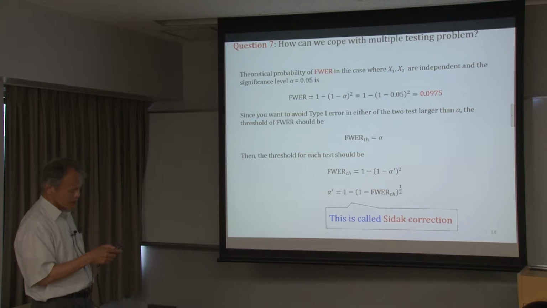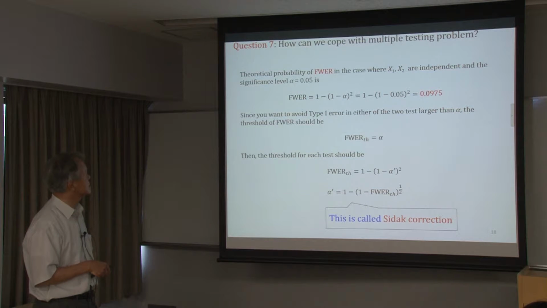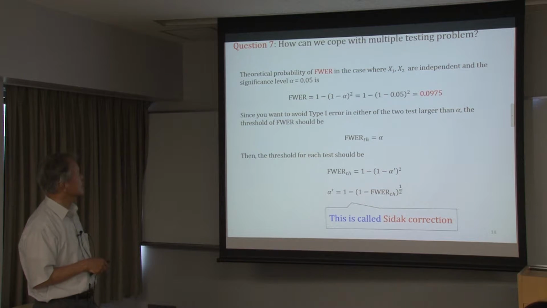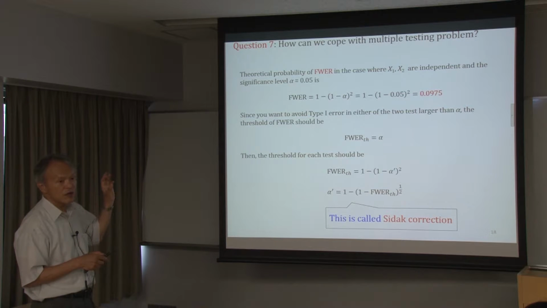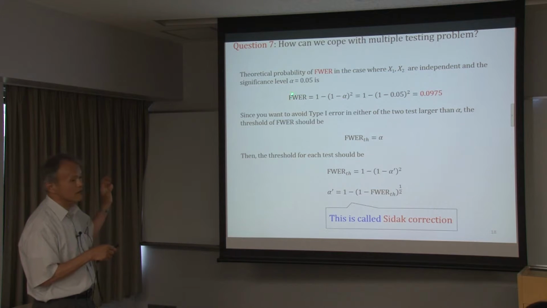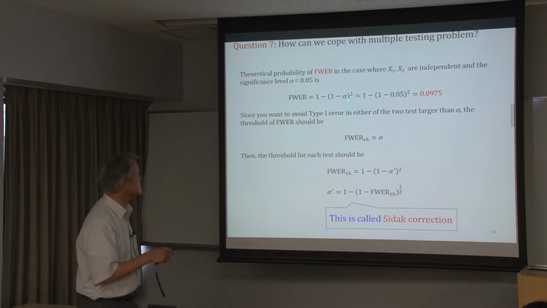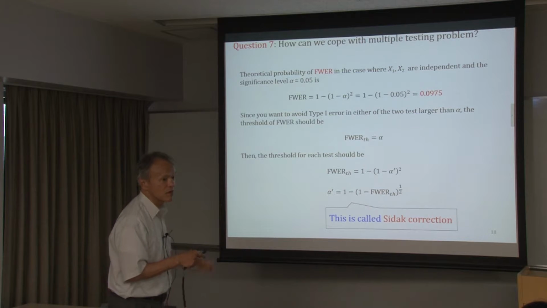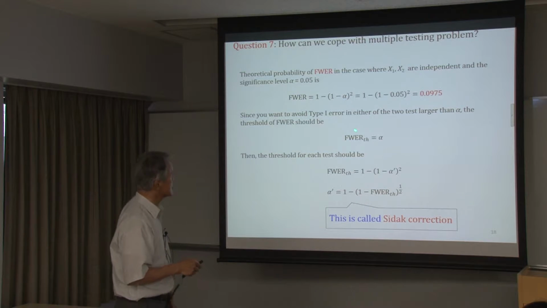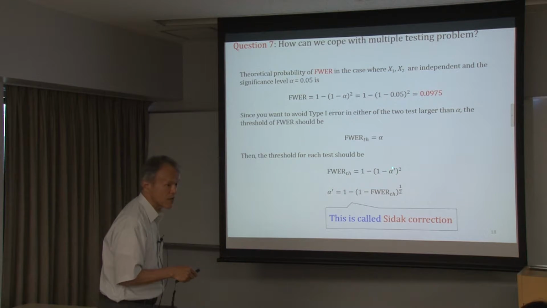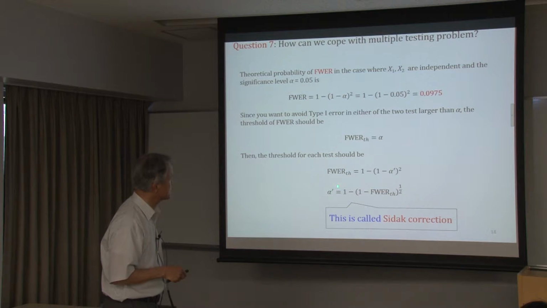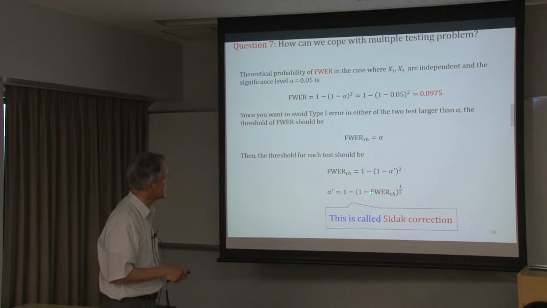So it is larger than 0.05. If you want to make this value, FWER, equal to 0.05, then this alpha for each test is denoted alpha prime. Alpha prime is obtained by changing this equation.